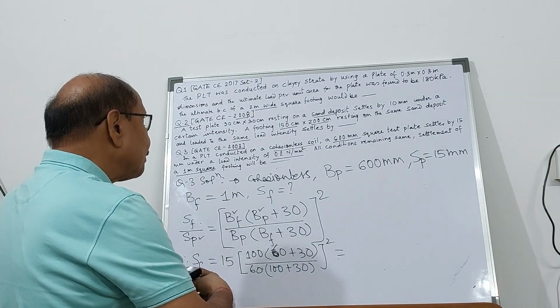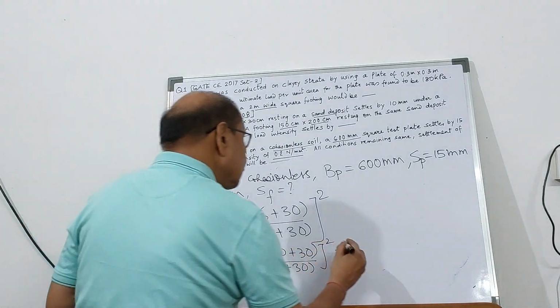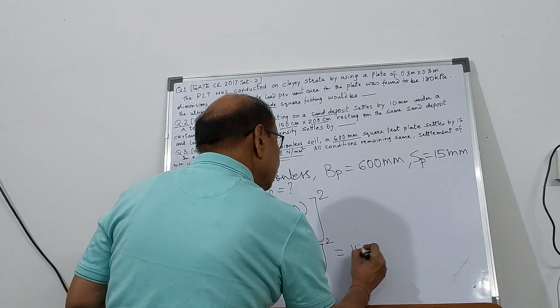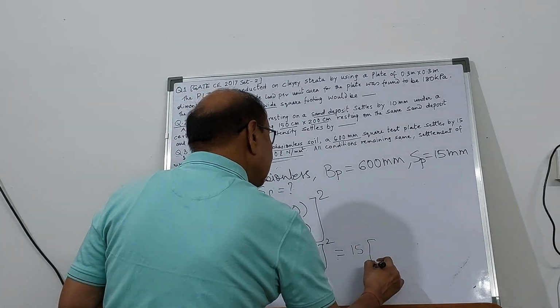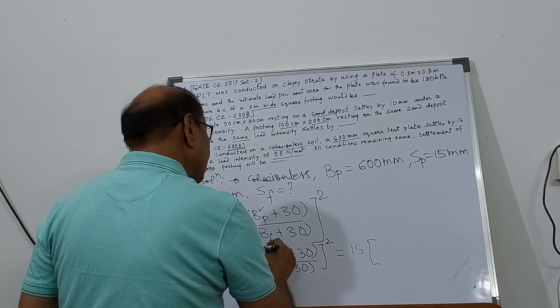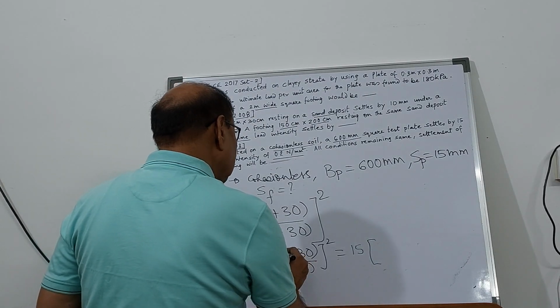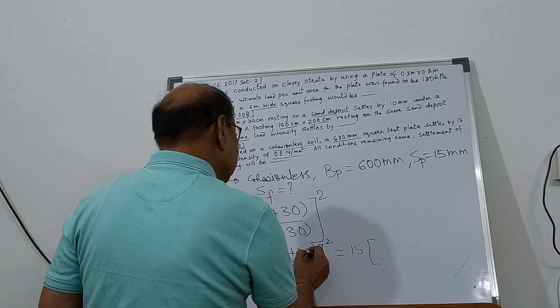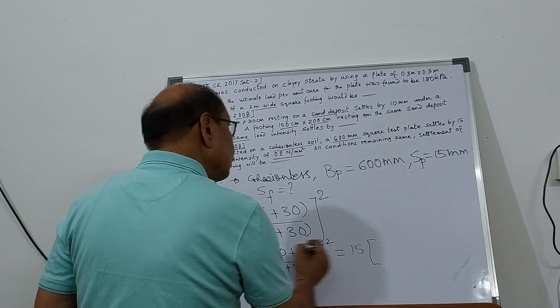So this becomes 15 under bracket. We can simplify it. This is 90. 10, 900.